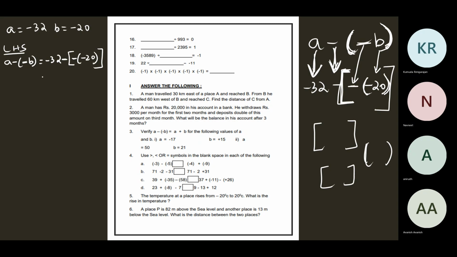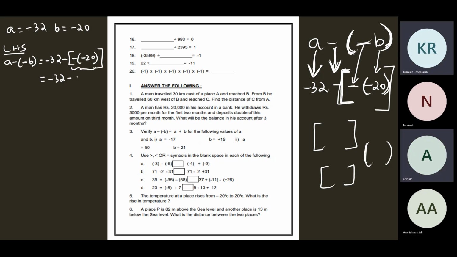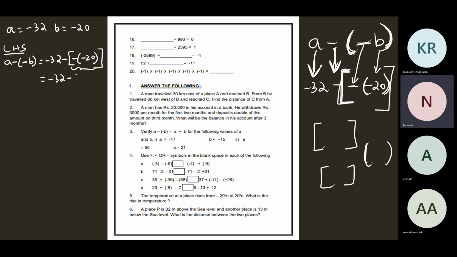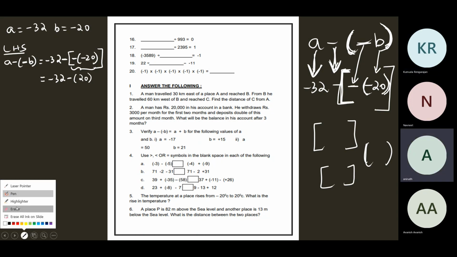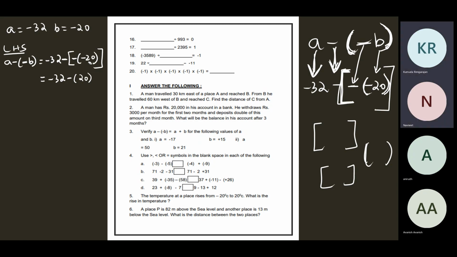Yes, ma'am. Now start, ma'am. Simplifying: put this minus 32 as it is and write this minus sign also. First simplify this one. What is minus into minus? Plus. Plus 20. So simplify that and put the answer in the bracket. The answer inside the bracket is 20. Correct? Yes, ma'am. In the bracket, we first simplified: minus into minus is plus 20.